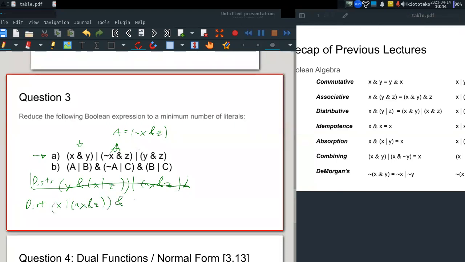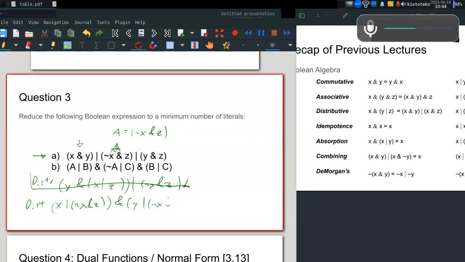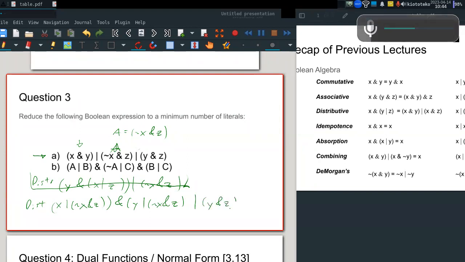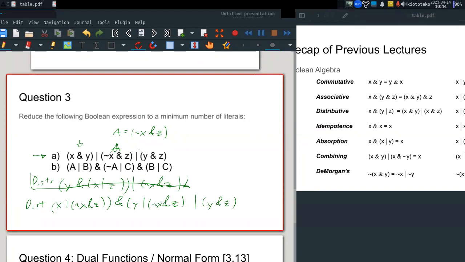and Y or not X and Z, and everything or Y and Z. But as you can see, we are running into more or less the same problem, that we are starting to mix operators here, and that may make it a little more complex to simplify.